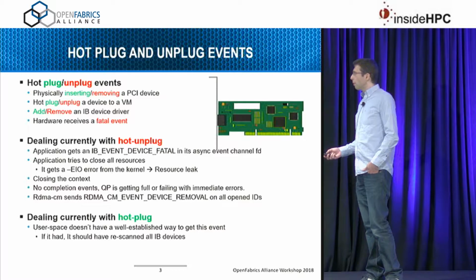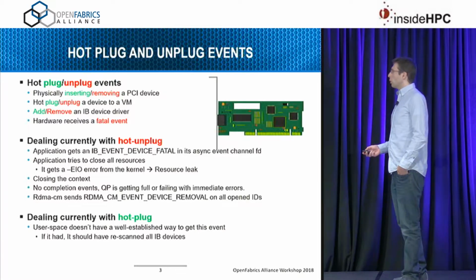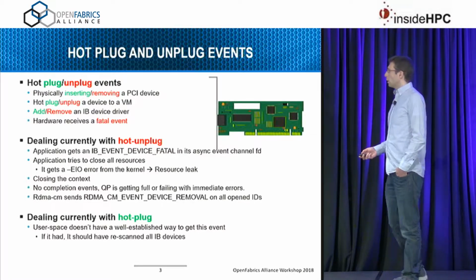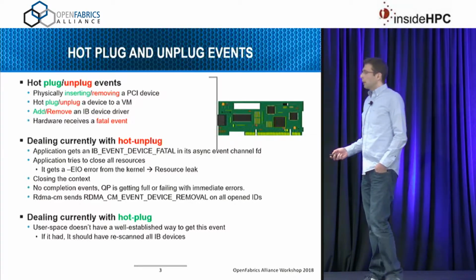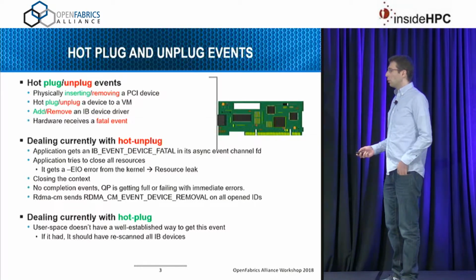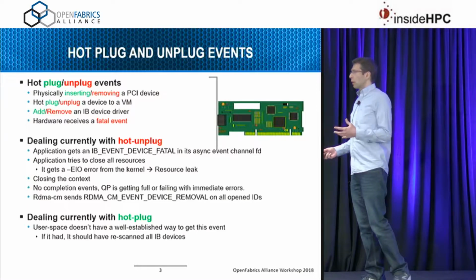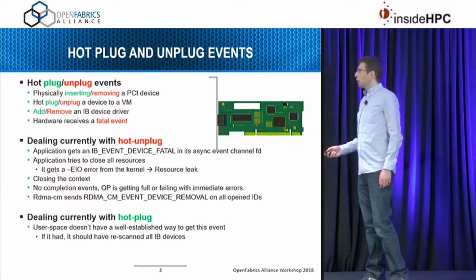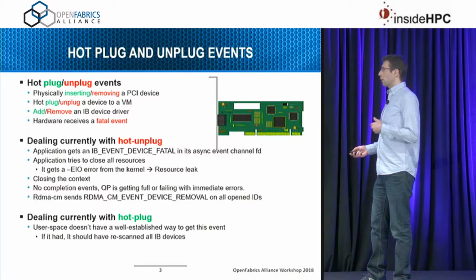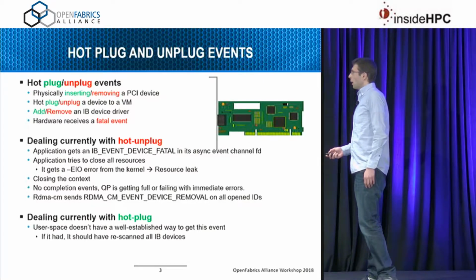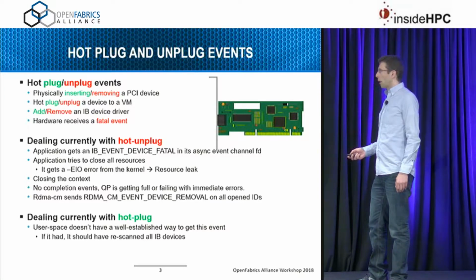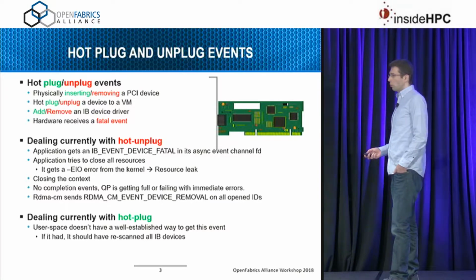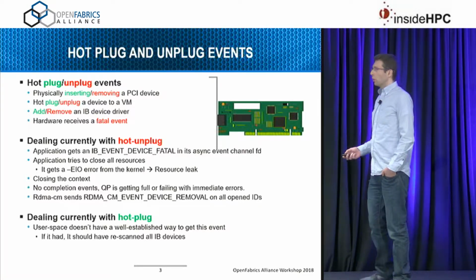If we go to the CM land, we do have an event, but again, it's only if we have a context. Otherwise, we get nothing. In the plug case, it's even worse because we don't have anything.